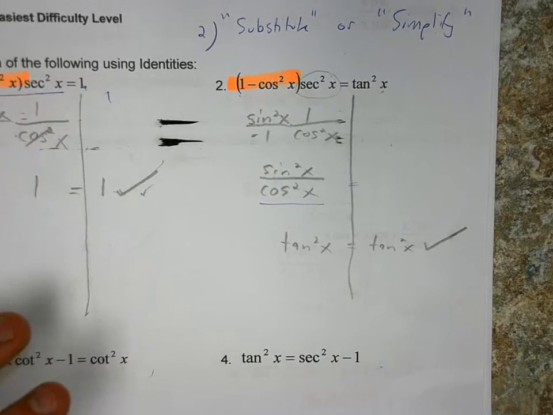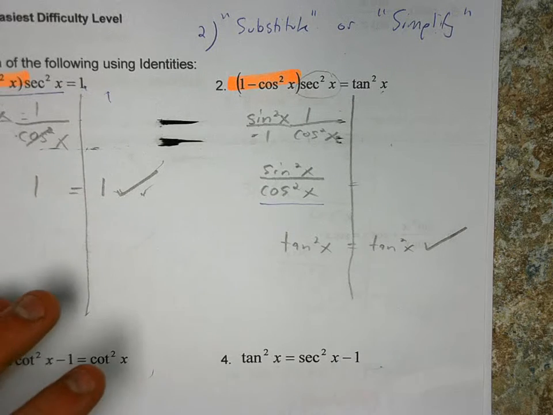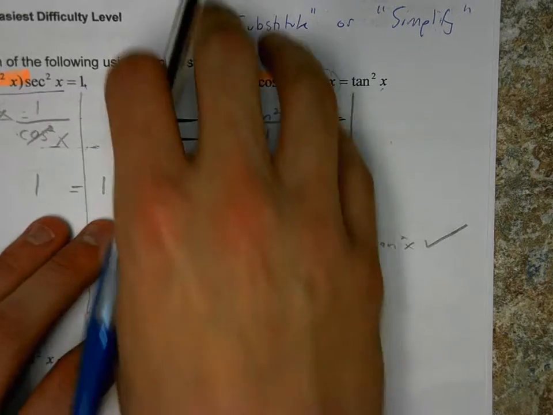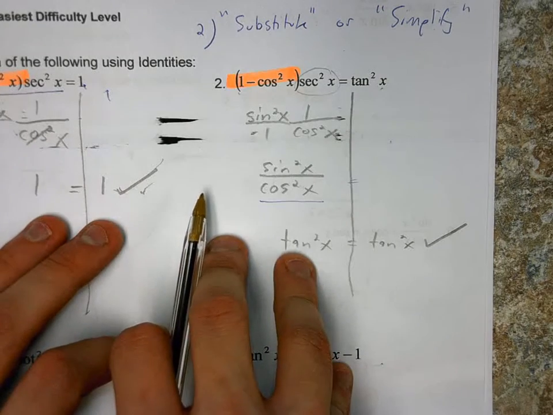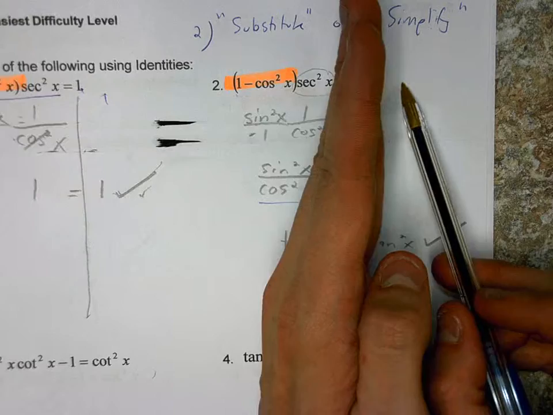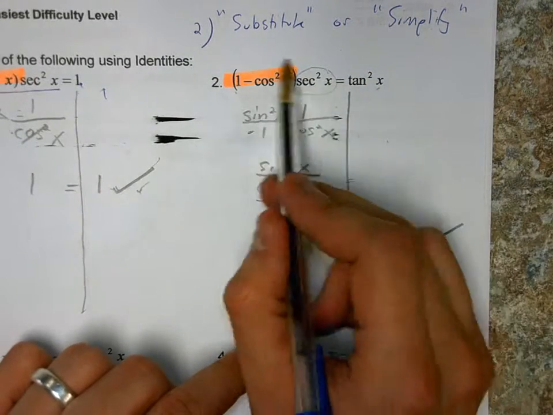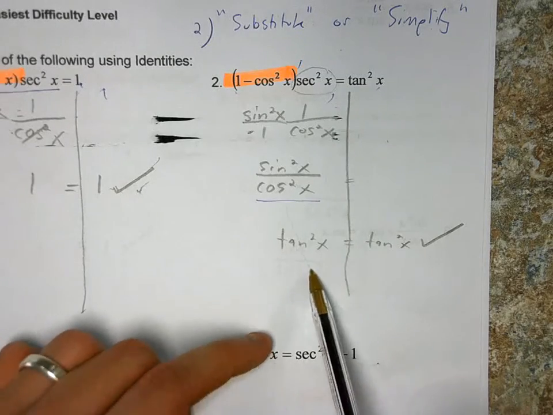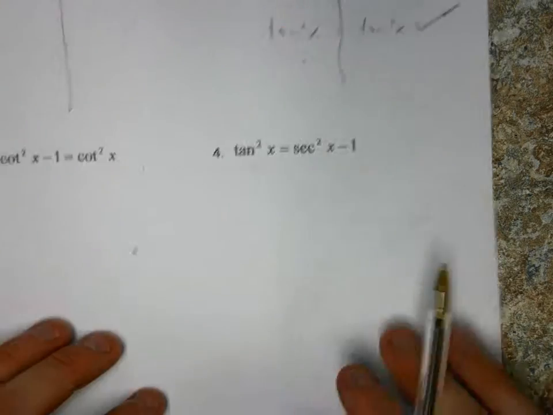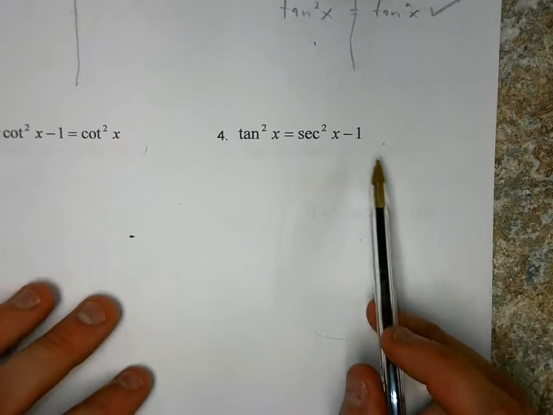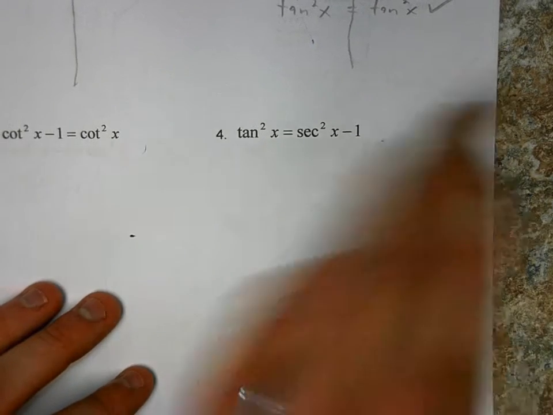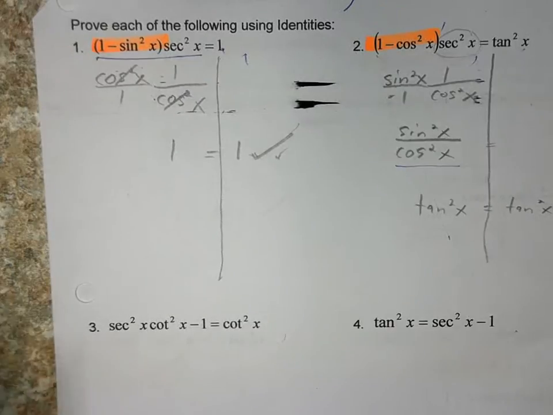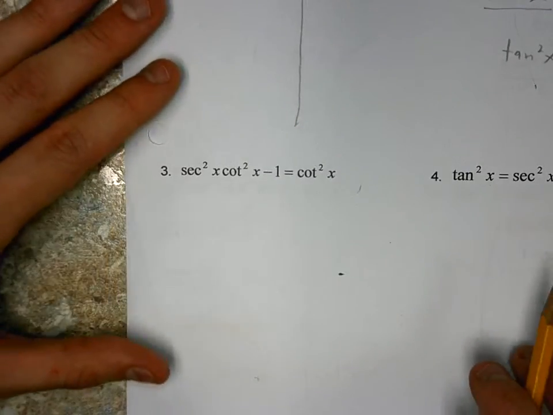That's proving, but that's not the way they want it, they being math people in general. You want to only work on one side. So you could start on the tangent side, but you would have had to convert this to that, and that's a pain. It's always easier to go to the complicated and work small. But yeah, you can't mess with both sides. Like down here with this one, I had a guy in third period who wanted to just add 1 to both sides and then do some stuff, and we're not doing that. We're not solving, we're just proving. So you're on one side working your way around.